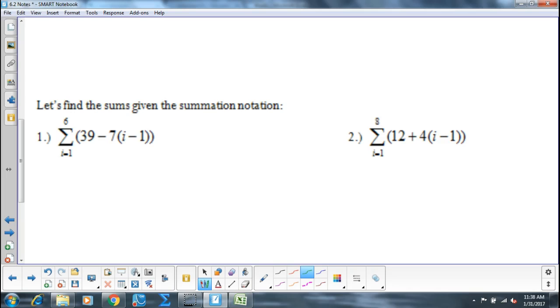So, to find the first term, I take 1 and I put it into my rule. 1 minus 1, 0 times 7, 0. 39 minus 0, 39. So my first term is 39. Did everybody see how I did that?